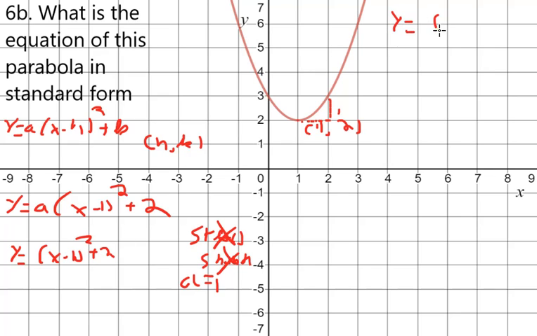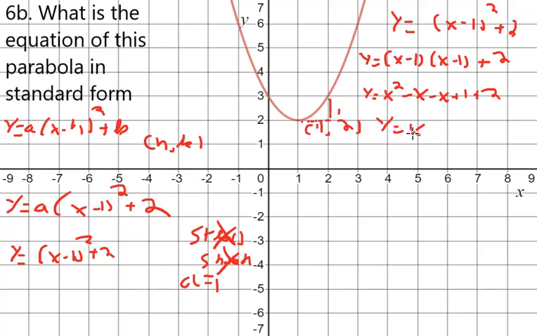So my first step would be to rewrite (x minus 1) squared as two (x minus 1)'s multiplied together. Then I'm going to distribute to get y equals x times x is x squared, minus x, minus x, plus 1, plus 2. Then I'm going to combine like terms to get y equals x squared minus 2x plus 3. And that is my equation in standard form.